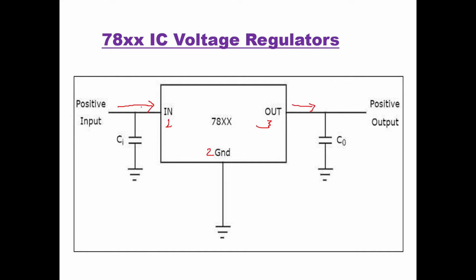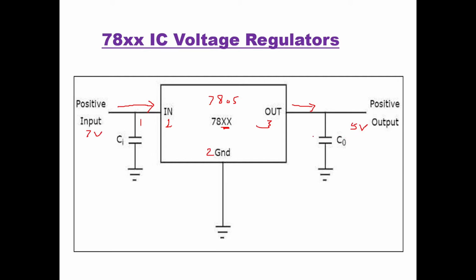Now once this input is more than whatever the value of xx is, the output will remain fixed at the value of xx. For example, if this is 7805 and the input voltage is around 7 volt, then the output has to remain at 5 volt only.